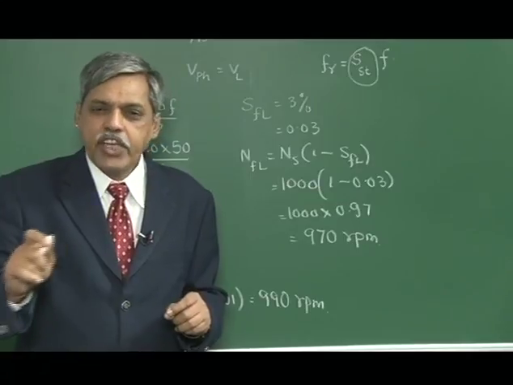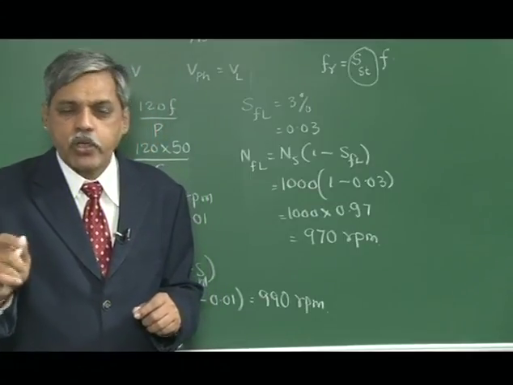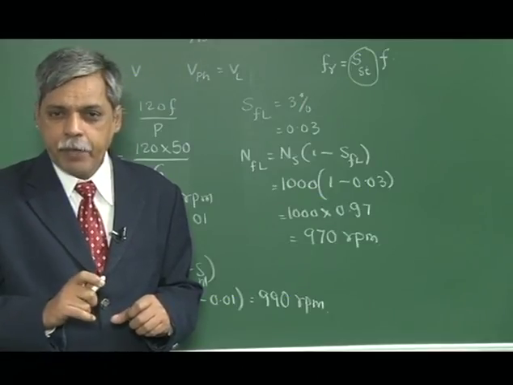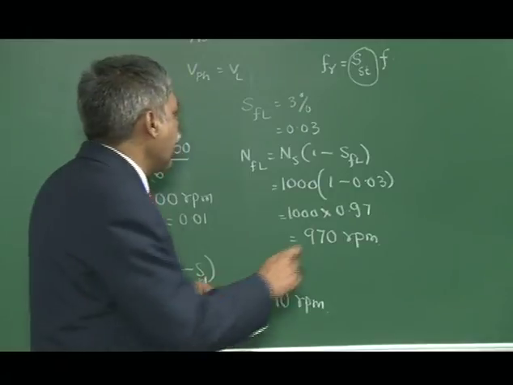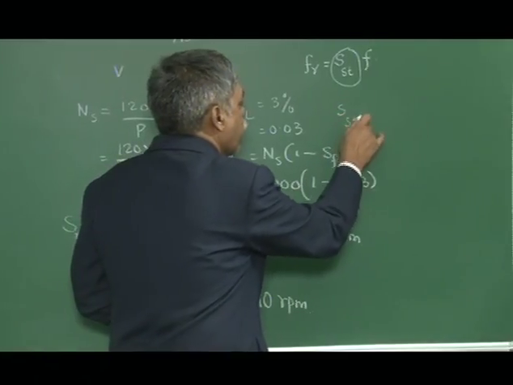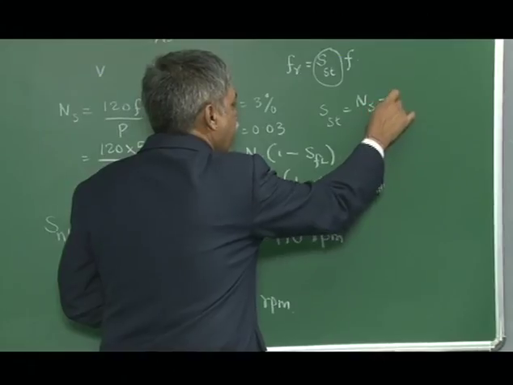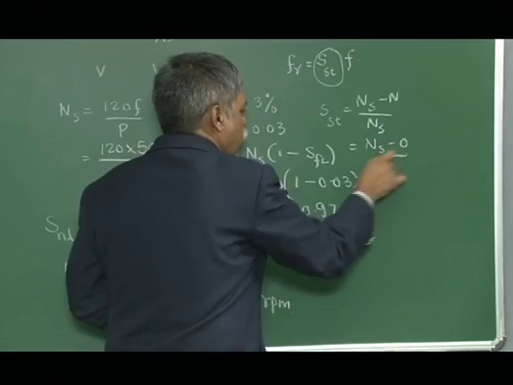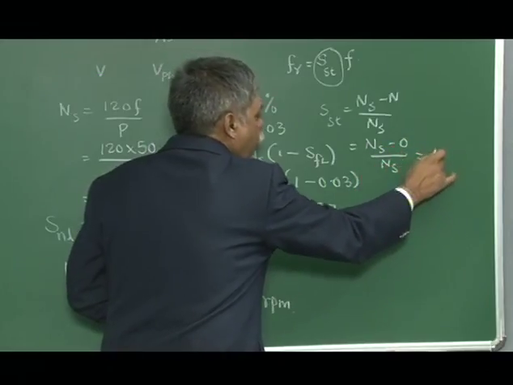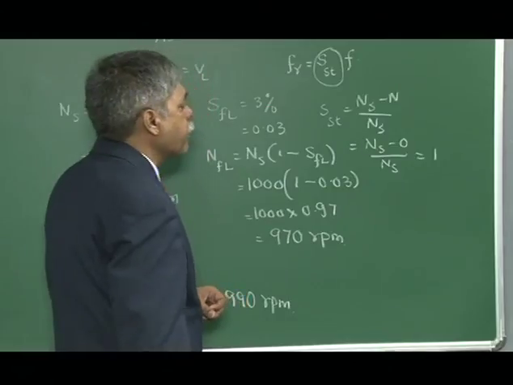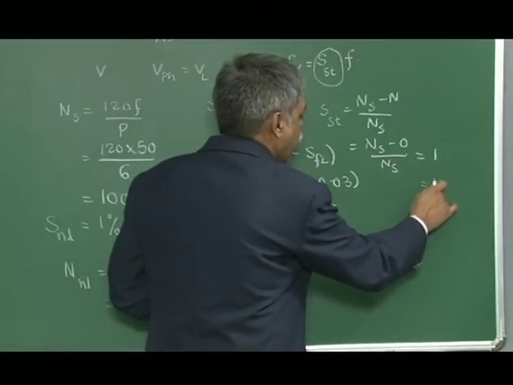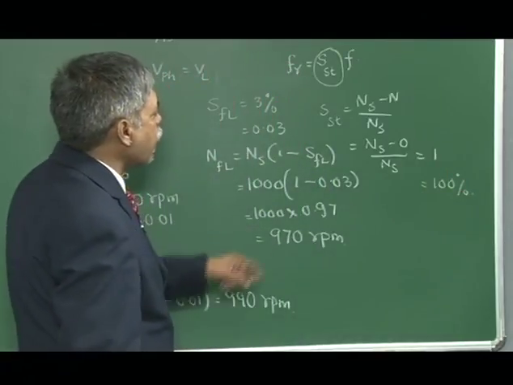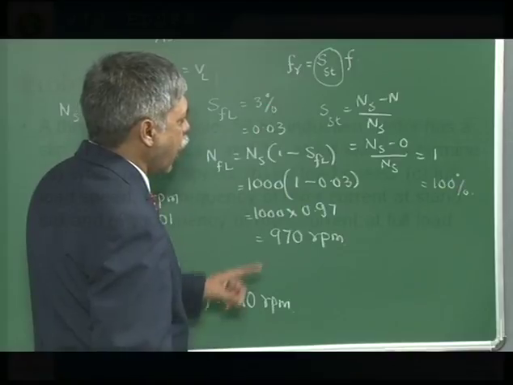There is no rotation for the rotor, so the speed of the motor is 0, but the magnetic field will be rotating at synchronous speed. Therefore the starting slip will be Ns minus N divided by Ns, or Ns minus 0 by Ns, which gives a value of 1 as the slip. Expressed in percentage, this is 100%. So at starting the slip value will be 100% or 1.